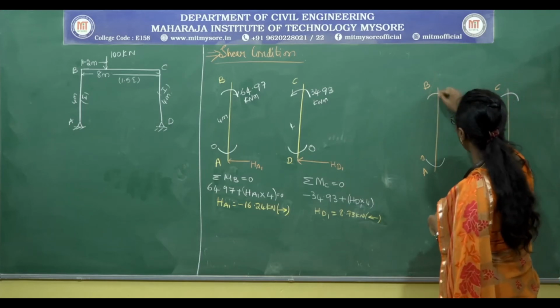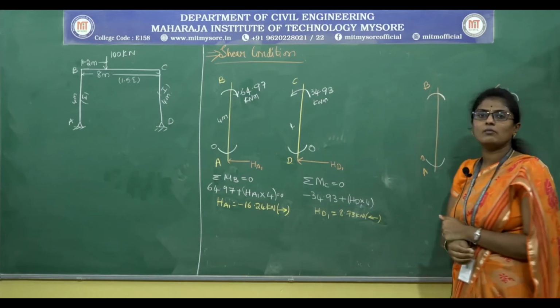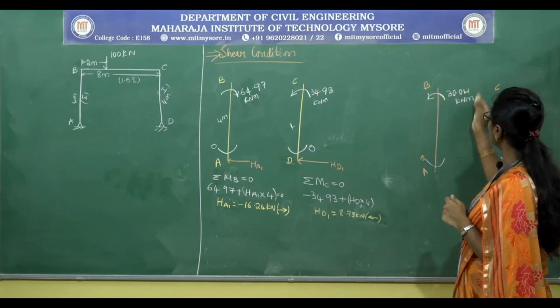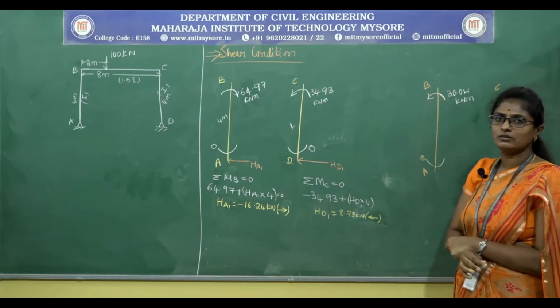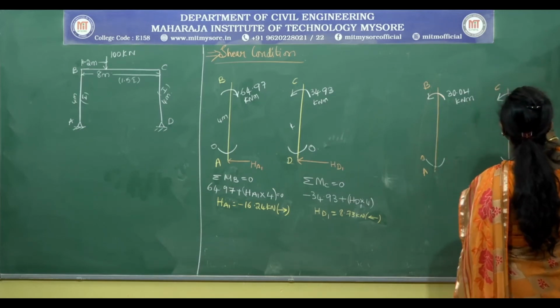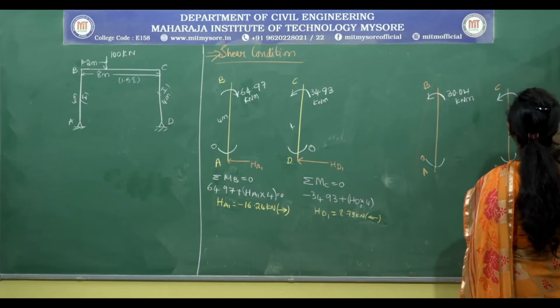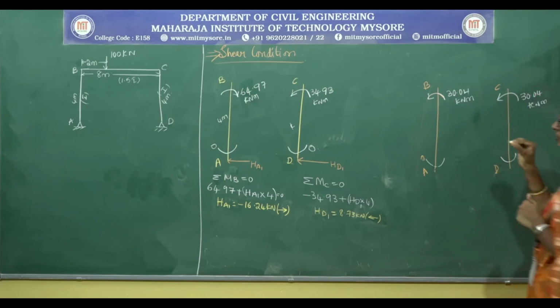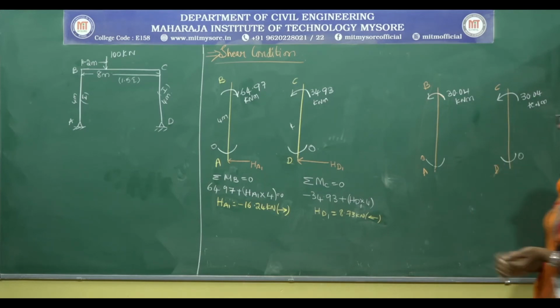But what is the moment at BA, that is MBA, the final end moment at BA due to the sway? Minus 30.04 kilonewton, that is, it is acting in the anti-clockwise direction. Then what about CD? CD is again negative, so this is also acting in the anti-clockwise direction. Here the moment at D equal to 0, since the joint is hinged.